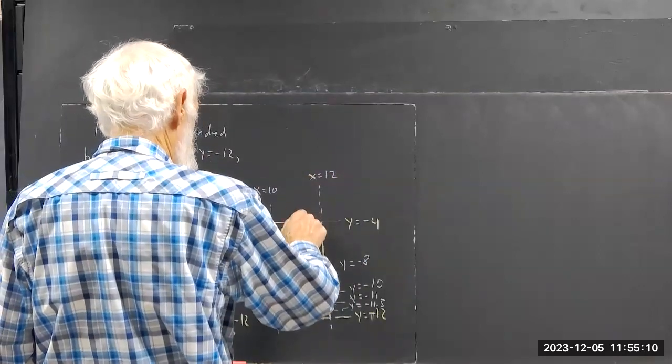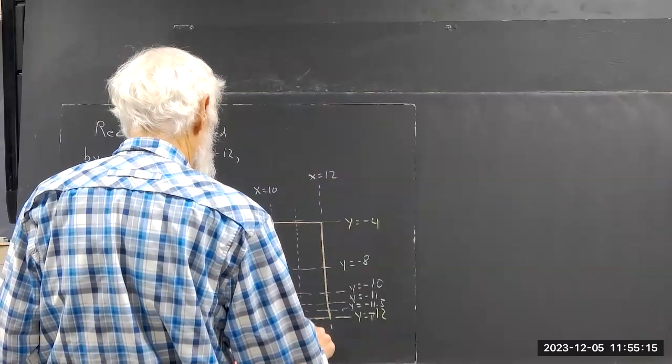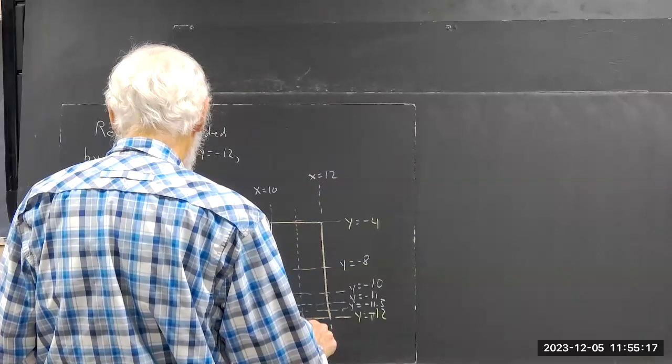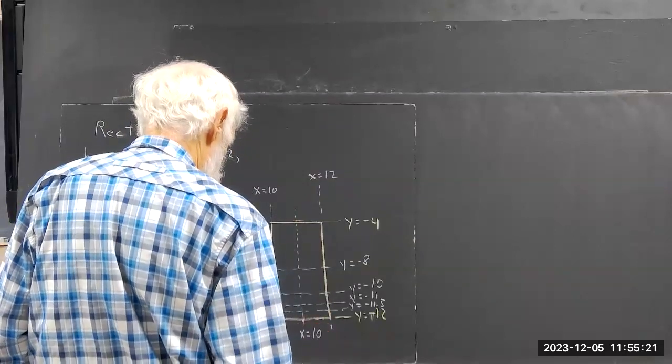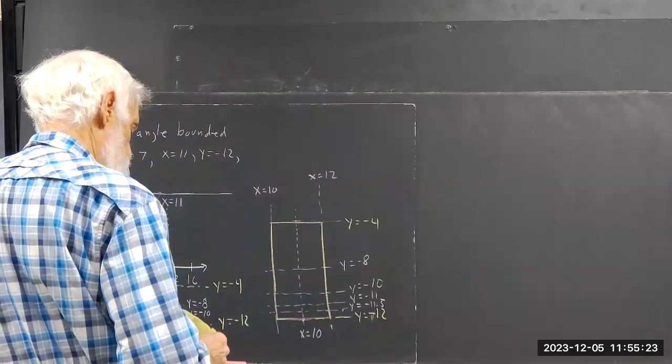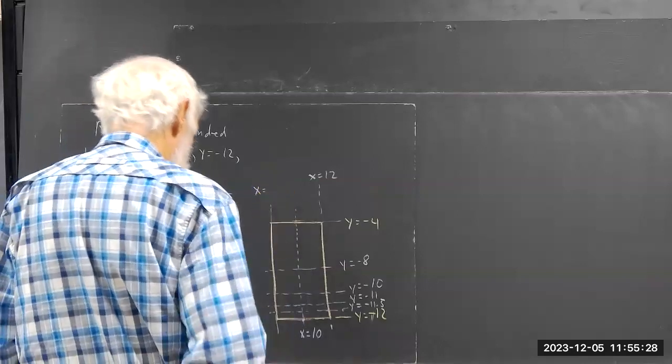So that through the red dot, I've got x equals 10. This is x equals 8, not 10. Okay, this should be x equals 8.